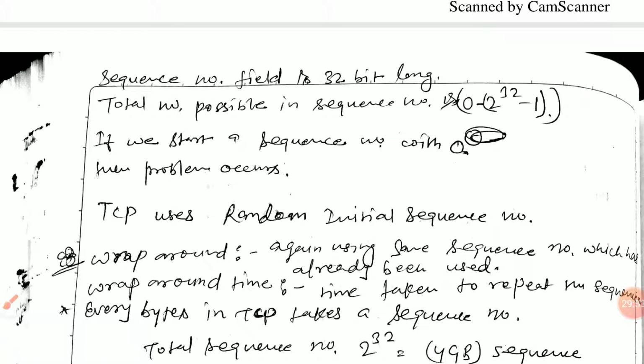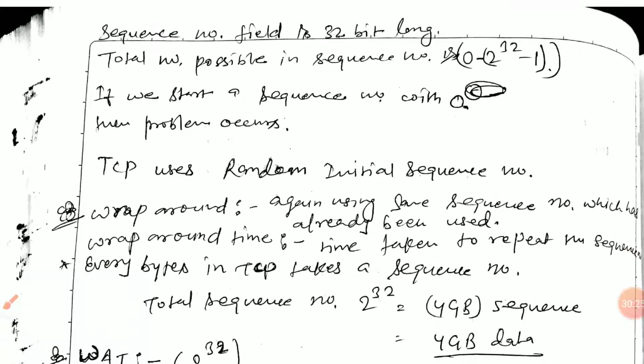Maybe the first time it was 0, the second time maybe 100, next time maybe 10,000, 5,000, likewise. In this case we can survive. It is not a 100% correct method, but at least we can survive because the collision chances are very low. It is 1 upon 2 to the power 32, and this probability of collision is very small. So that's how we survive it, and TCP doesn't start with 0 every time.